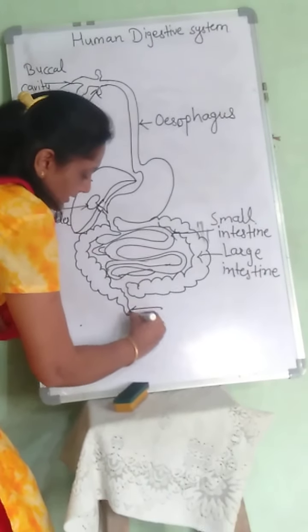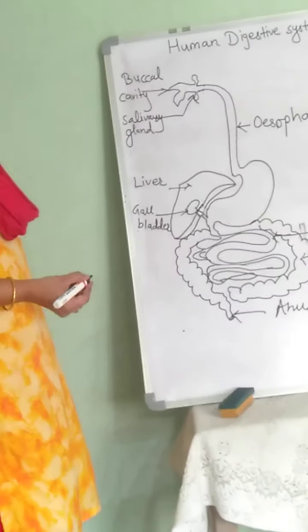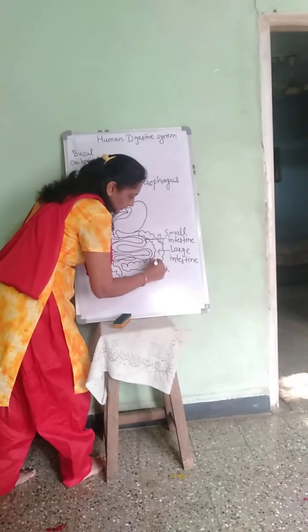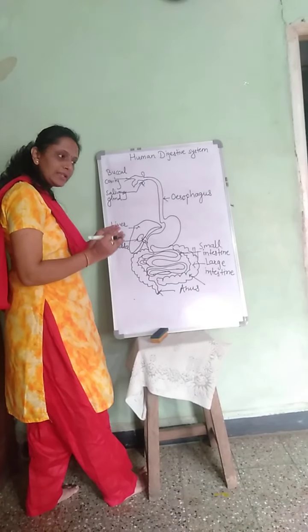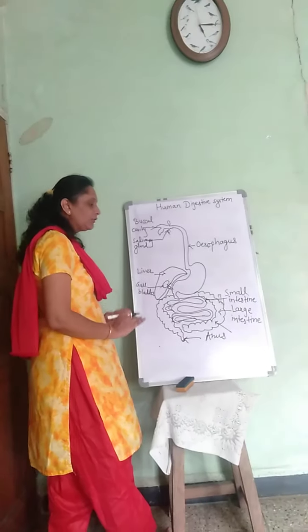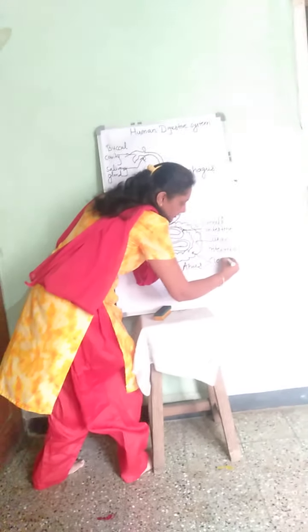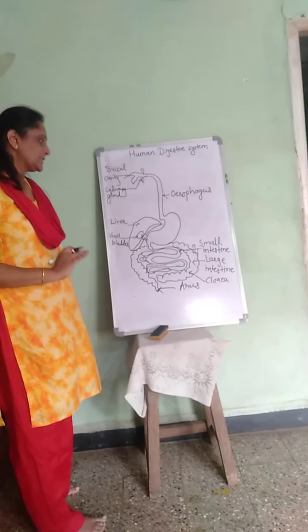And this is the anus, by which the waste material is given out. Somewhere in the large intestine, there is a small pouch-like structure, an extended part of the large intestine, which is called the cloaca, which stores the waste material for some time.